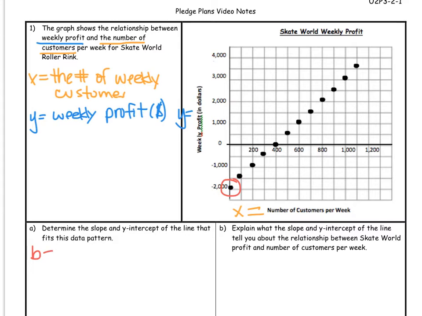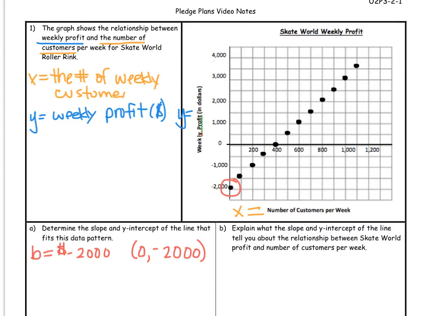So our y-intercept is negative $2,000. So if we wrote that as an ordered pair, when x is 0, our y value is negative 2,000. So what does that mean? If we don't have any customers at Skate World for the week, we are at a loss of $2,000.